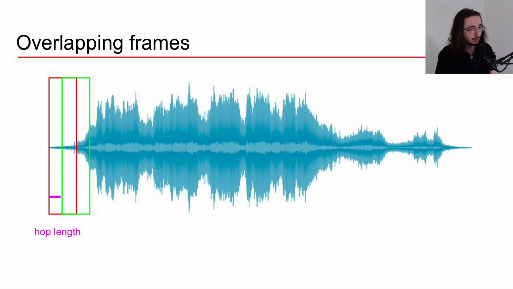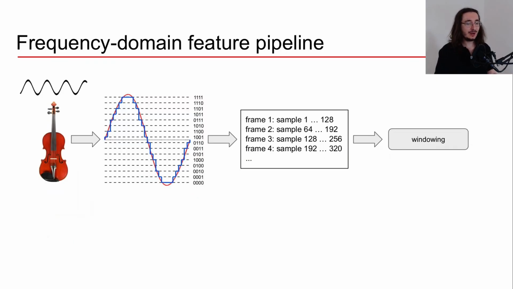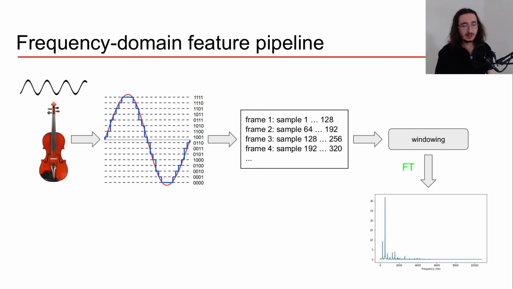Okay, now let's move on, because now we are at a point in our feature extraction pipeline for frequency domain features where we can apply the Fourier transform. So indeed, after windowing, we apply the Fourier transform and we get a spectrum, hopefully with minimized spectral leakage. And then after that, we go back to the same steps that we used for the time domain feature extraction pipeline.